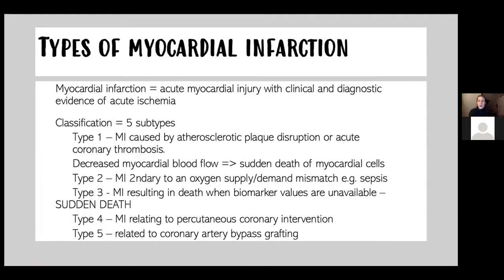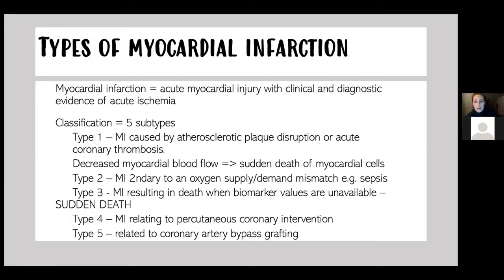The most common MI you see is a type 1 MI, the classic pathophysiology. You've got an atherosclerotic plaque that is disrupted, and that leads to your myocardial infarction and the cutting off of the blood supply to the heart muscle. But then you also have these other, rarer types.